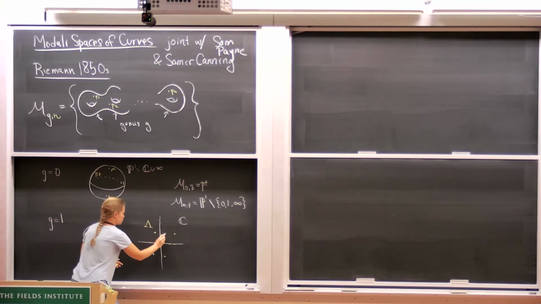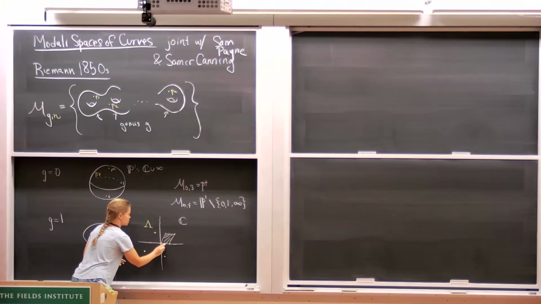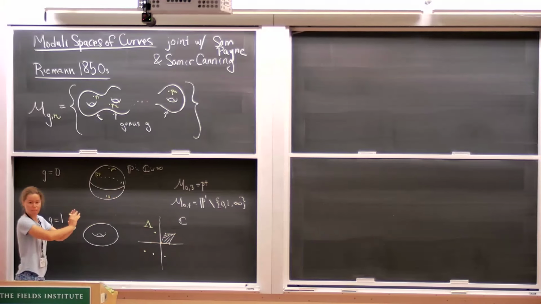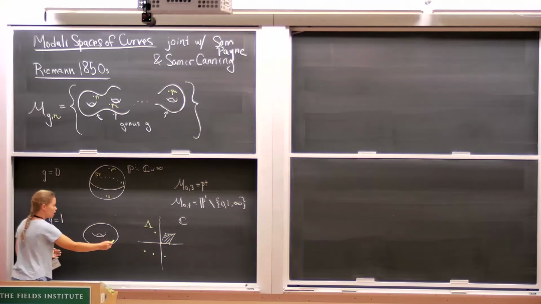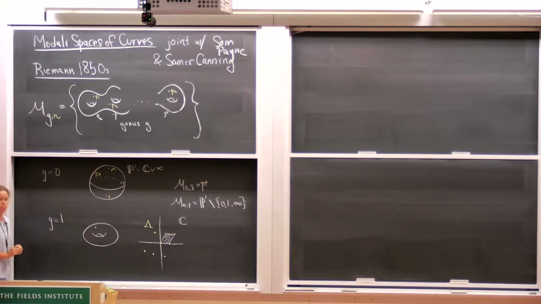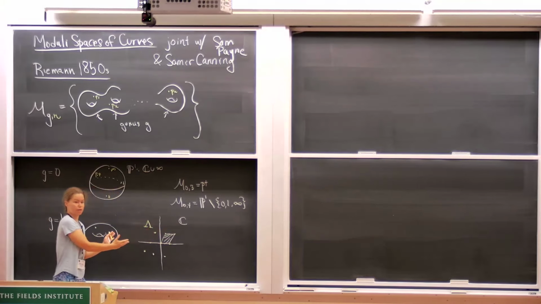So just thinking, if I translate by anything in this lattice, I can get everything into this shaded region, but opposite edges are identified. So that wraps up into this genus 1 surface. And the origin is going to correspond to some marked point on it. And if I use different shapes of lattices, I get different underlying curves.